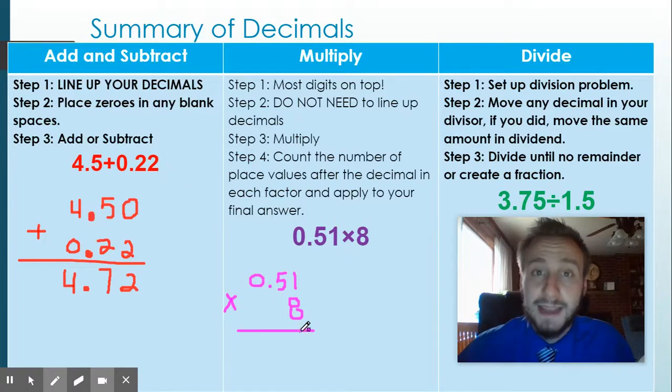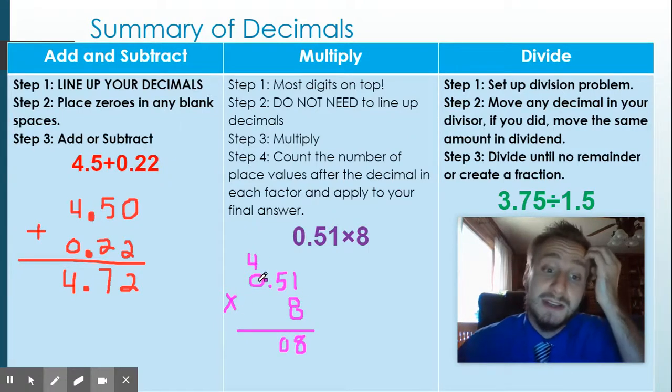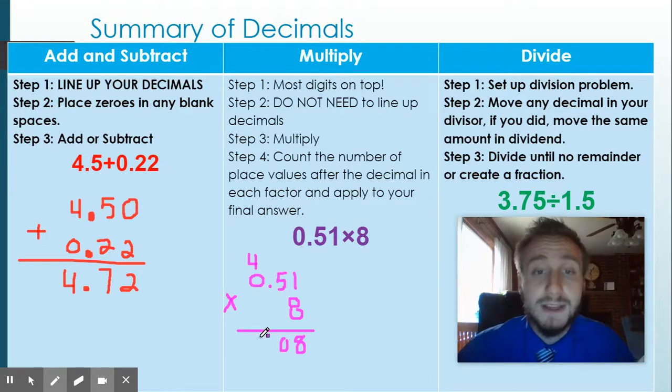8 times 1 is 8. 8 times 5 is 40, so you write a 0 and a 4. 8 times 0 is 0, plus 4 is 4. My answer is not 408. There's still this last step.